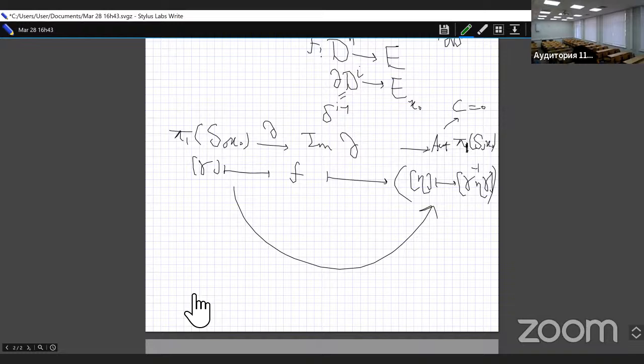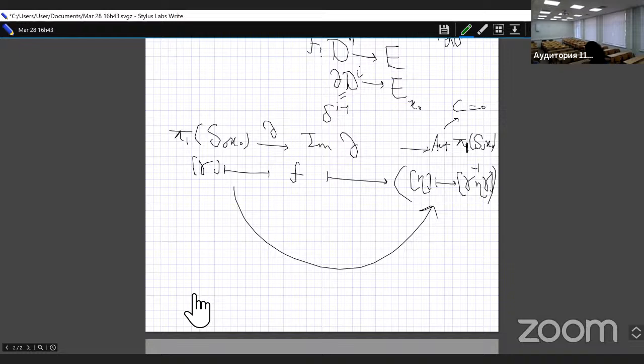So we want to assume that the center of pi1 of S is 0 if the Euler characteristic is less than 0. Does it come from the classification of surfaces? Well, yes. If there is boundary, then pi1 of the surface is free of rank greater than 1, which means the center is definitely 0.